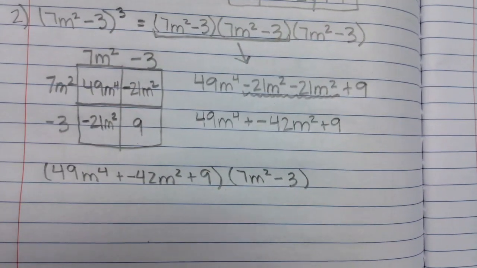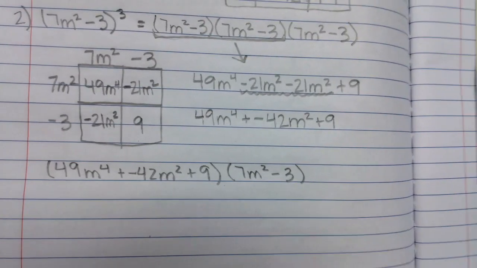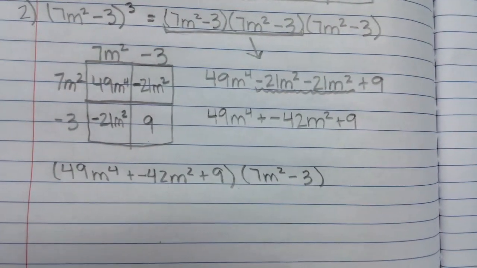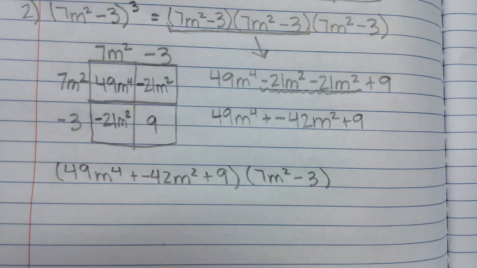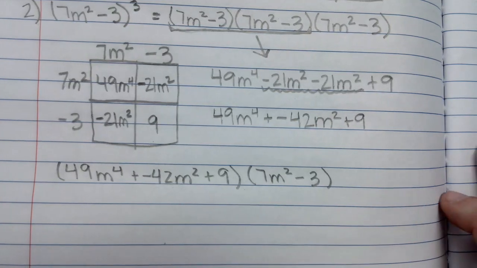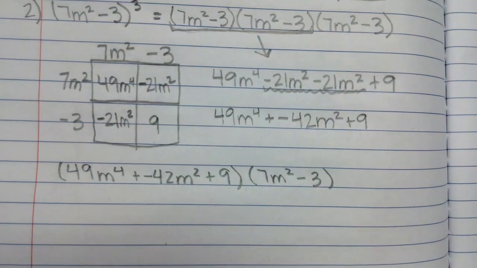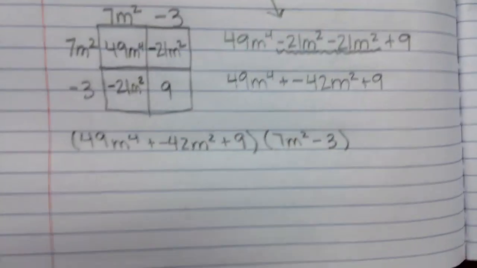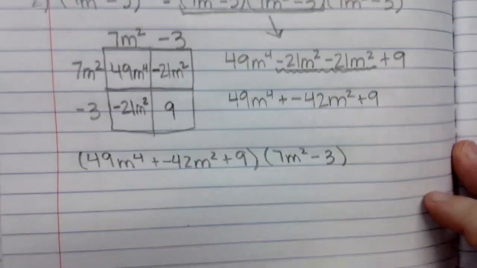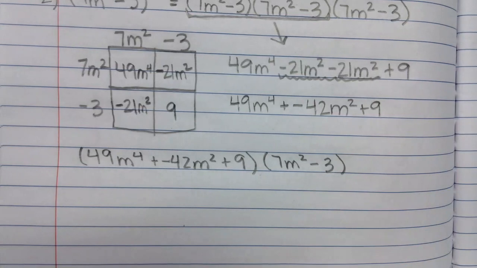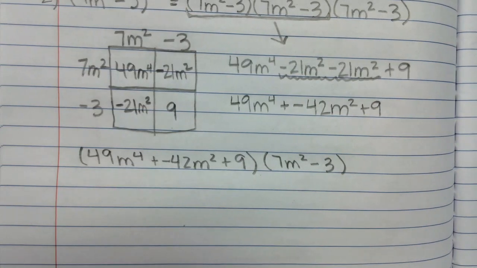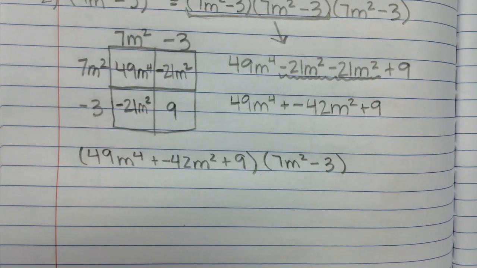All right, with my area model, I'm going to go across the top and I'm going to do my trinomial. I keep wanting to call it triplet now that it's in my head. My trinomial across. So I'm going to do 49 m to the 4th power, negative 42 m to the 2nd power, and 9.